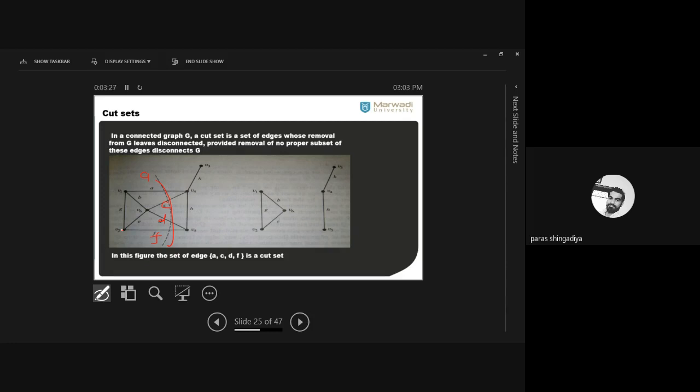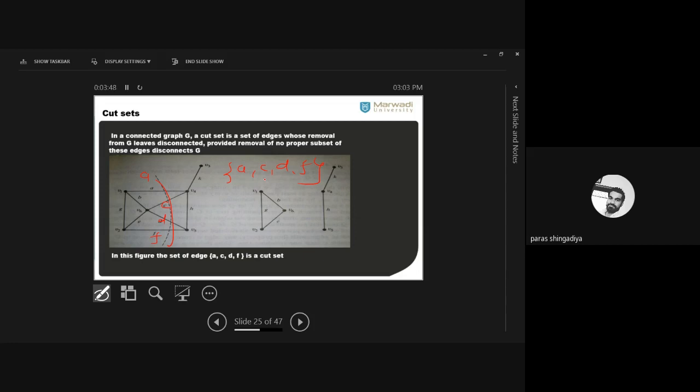But you also have to verify one more condition. A, C, D, F is our set of edges which makes the graph disconnected into two partitions. But it should not have any proper subset which again makes the graph disconnected.